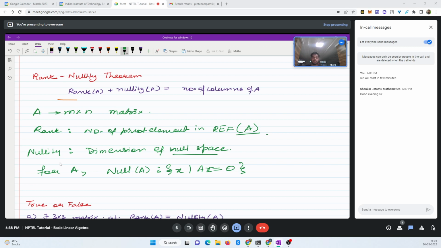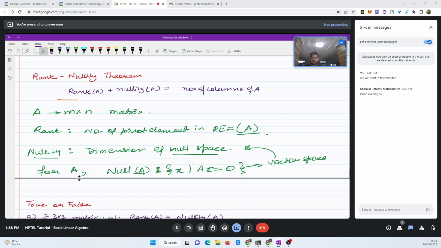So this is something which is known as the null space of a matrix A. So if you look at the basis for this vector space, then its dimension is what is called the nullity of a matrix.